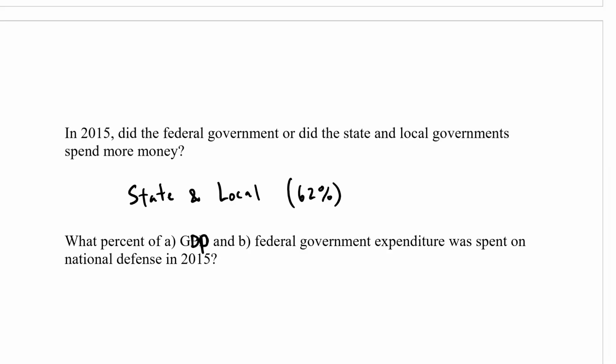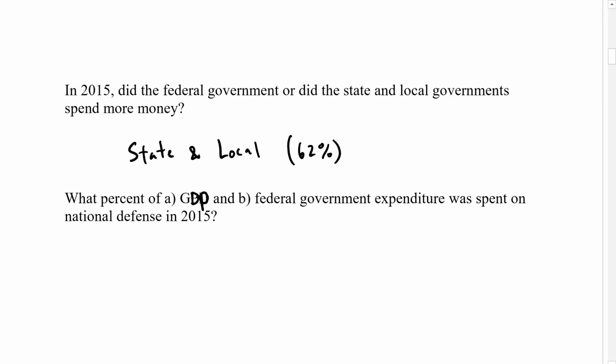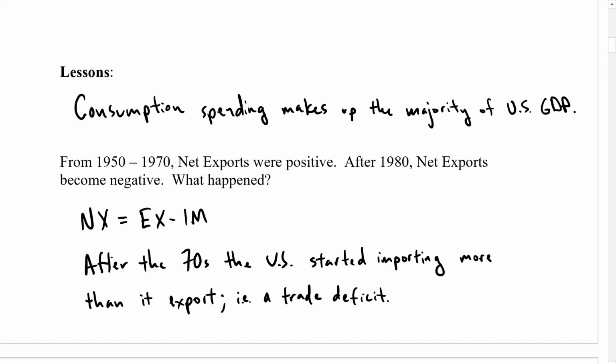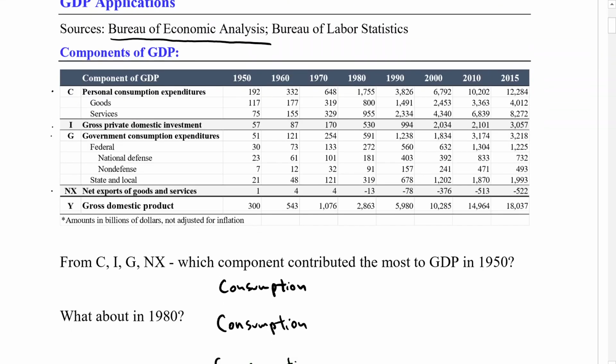What percent of GDP was federal government spending on national defense in 2015? I'll show you where we're looking here. This number is national defense spending, this is federal government spending, and this is total GDP.